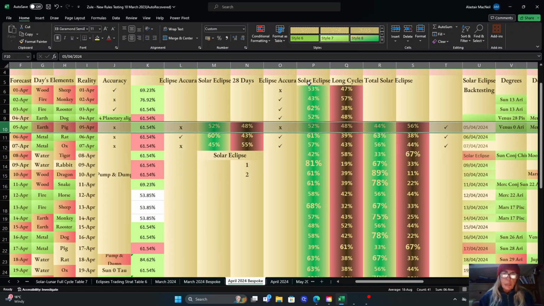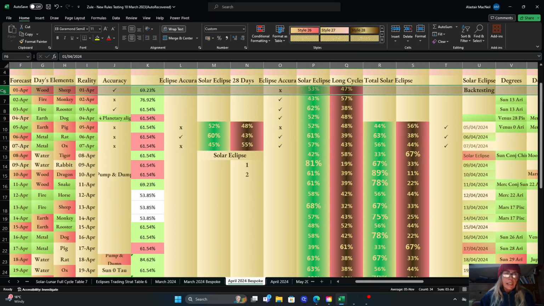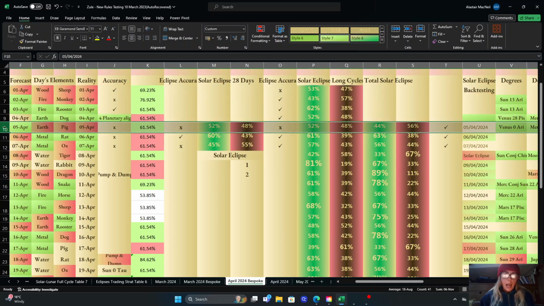The long solar eclipse cycle again is performing with exceptional accuracy. They predicted the green candle for the 1st of April, that was wrong, and they predicted the green candle for the 5th of April, and that was wrong. Apart from that, everything else is exactly correct.